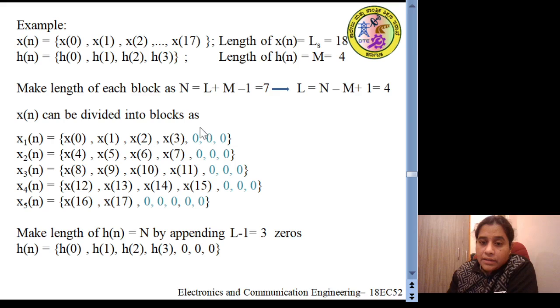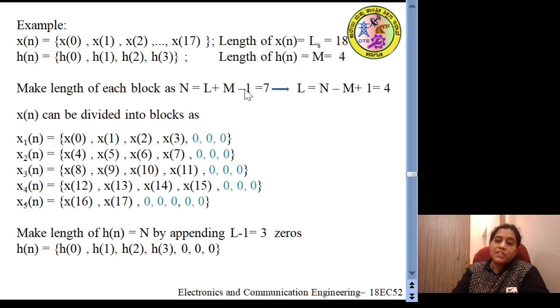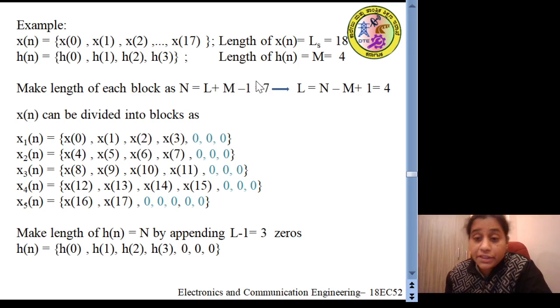See, the zeros in blue color are the appended zeros to these blocks of data to make the length equal to 7. So this is the first step to be followed for dividing the long data sequence x of n into a number of blocks. What's the next step?